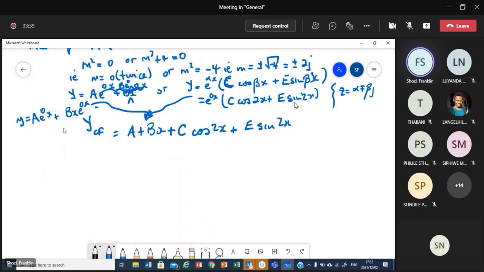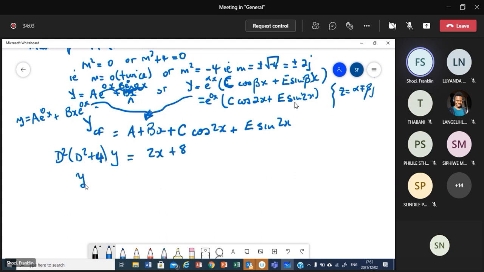Right? Now we must solve for what? For y. What was the original equation? The original equation, remember, was D squared plus 4 of y equals 2x plus 8. We must solve for y here. It's straightforward.